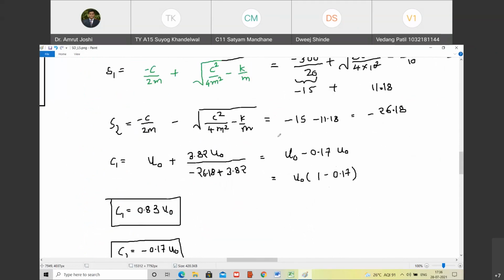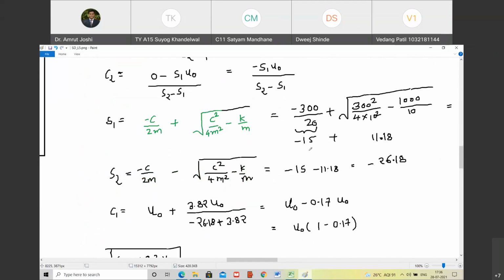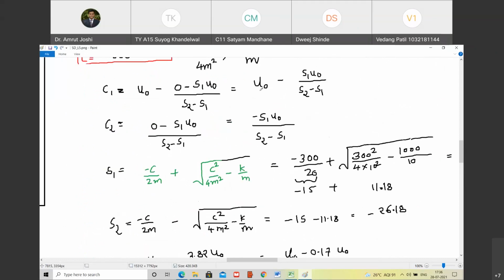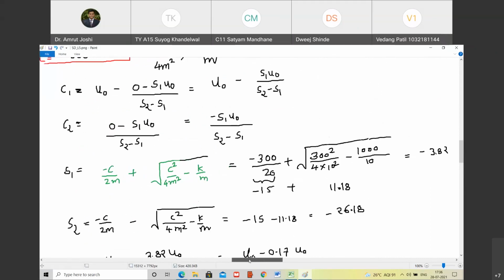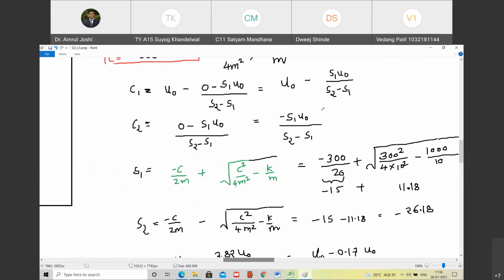Okay, let me check out 1 minute. C2 should be, what is the sign of S1? S1 is negative. What is the sign of S2 minus S1?